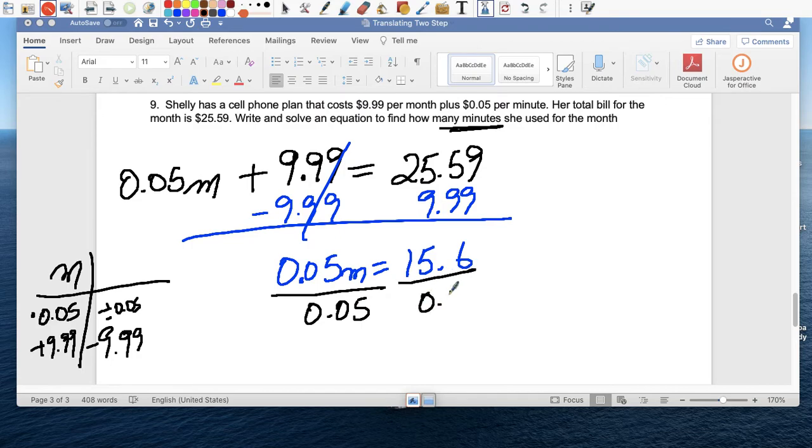Divide this by 0.05. That simplifies to 1. 1 times m is m. And 15.6 divided by 0.05 equals 312. So how many minutes did I spend on the phone last month? 312 minutes. Okay?